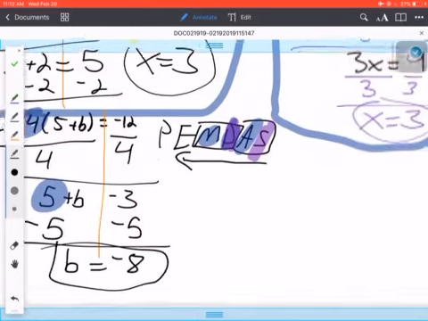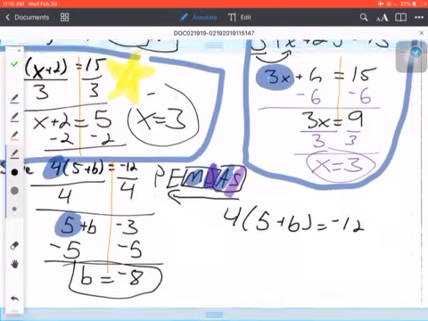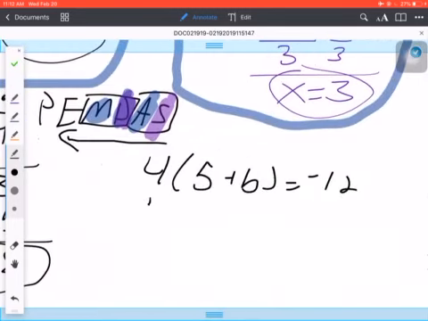And if I go in and check my work, I have 4 times (5 plus b) equals negative 12. If b is negative 8, I have 4 times (5 plus negative 8).